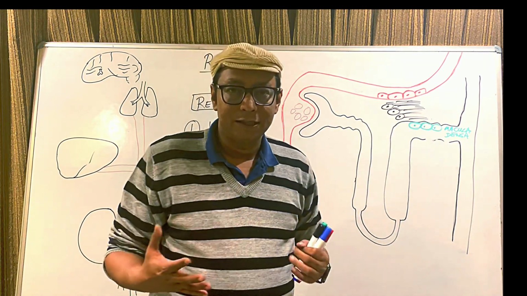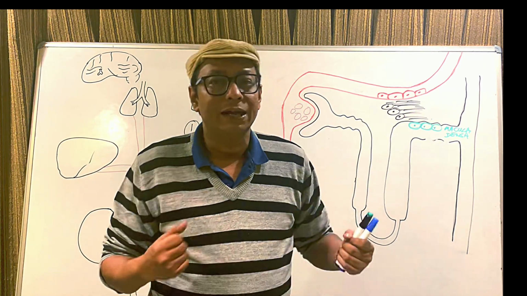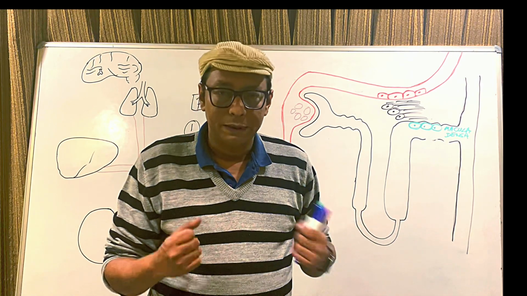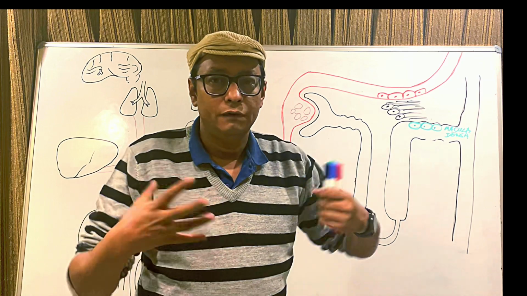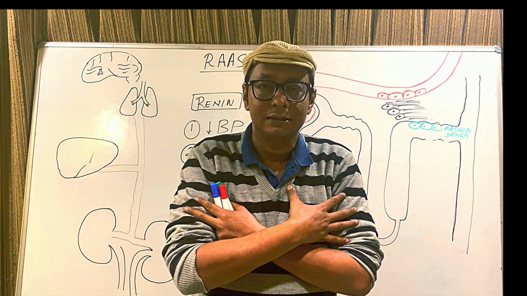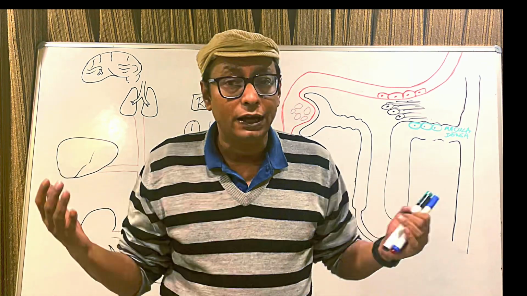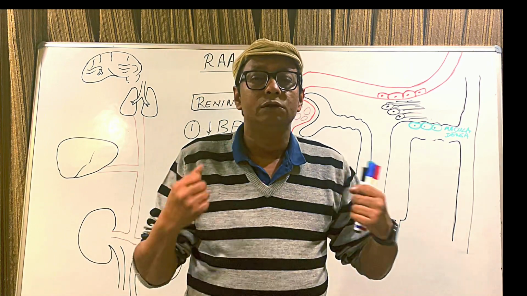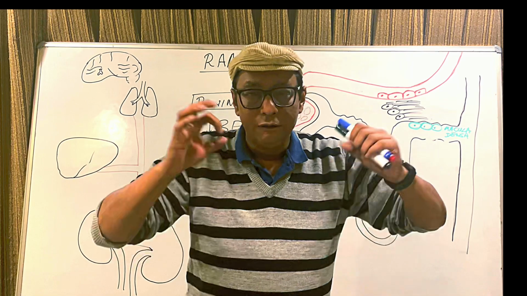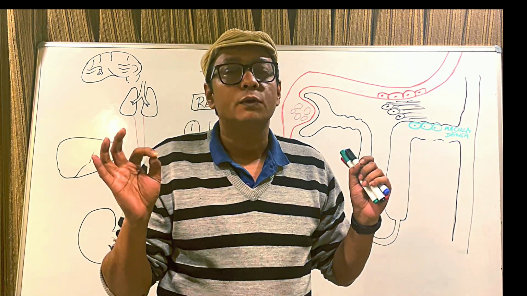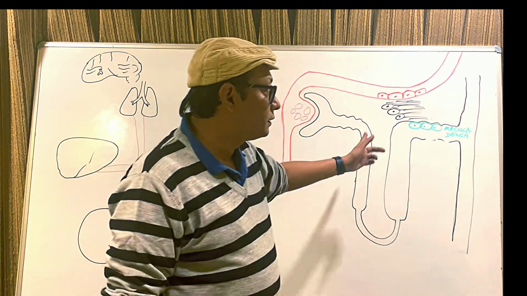The sympathetic response is all about the fight or flight response. That means when we need to fight, we need more vasodilation in the skeletal muscles, or if we need to run away from that place, we need a lot of power in the skeletal muscles. So the vasodilatation in the skeletal muscle is more important than vasodilatation here.